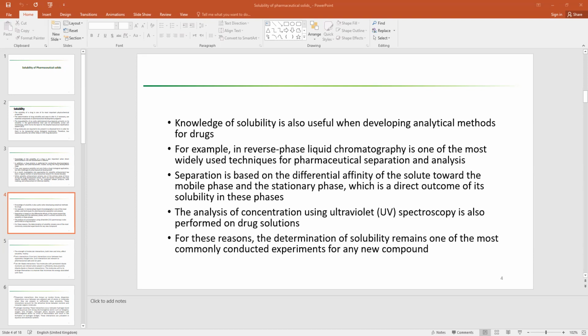So, based on these discussions, it should be clear that solubility is a very important factor that should be studied in pharmaceutical research. And therefore, the determination of solubility is one of the most commonly conducted experiments in the elementary studies. Sometimes there are challenges, and a number of experimental variables may affect the solubility, so you should be aware of them before conducting those experiments.